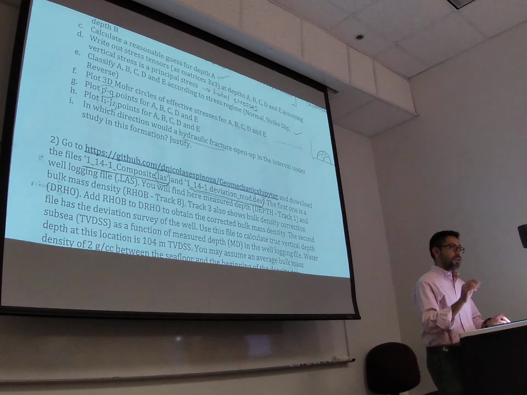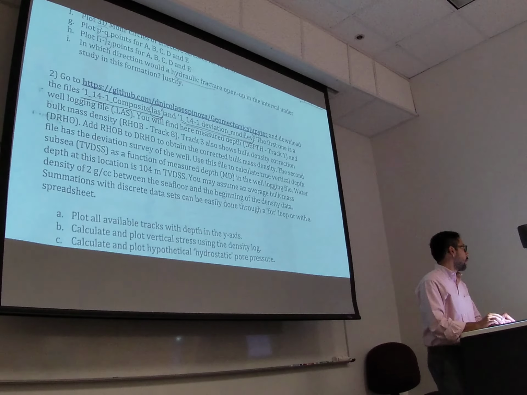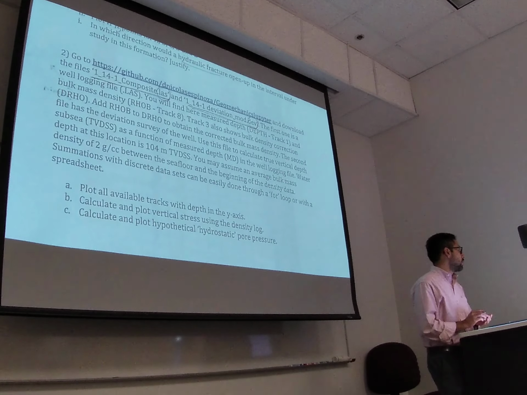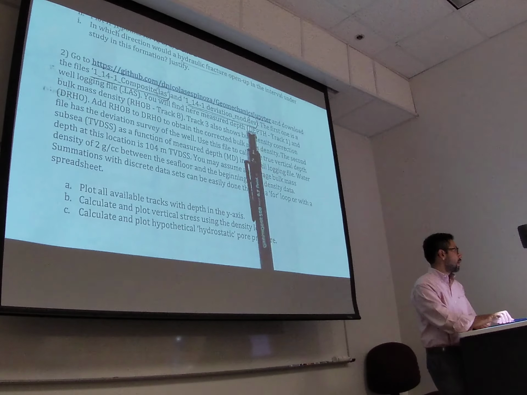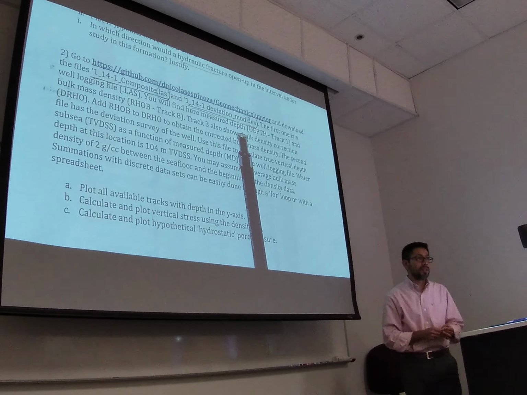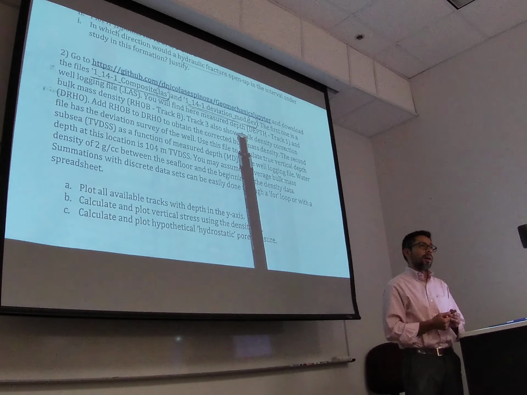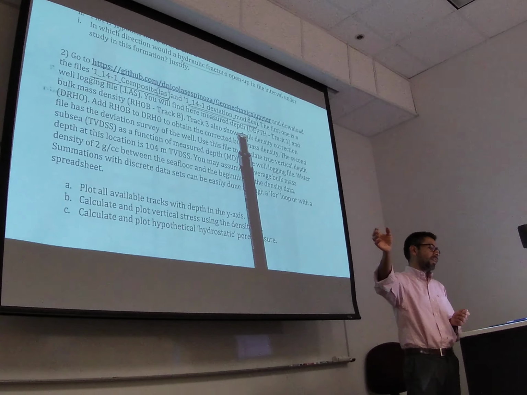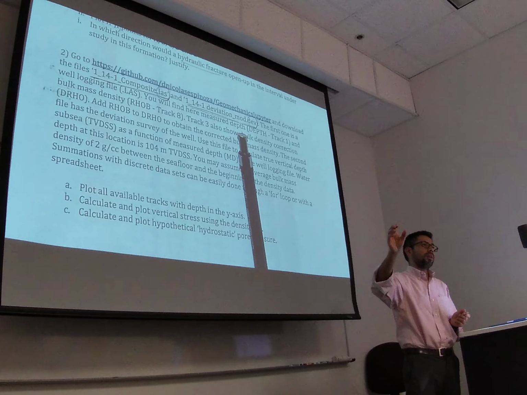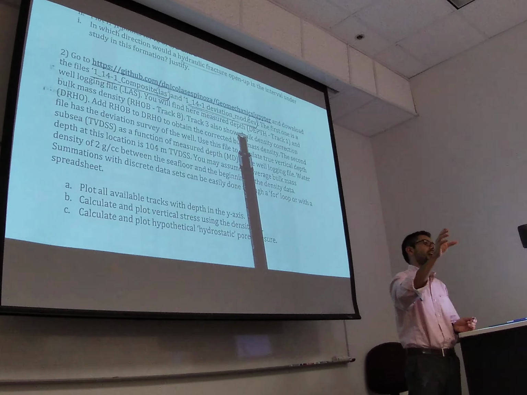All right, so you should be able to do number 1, and number 2, you should be able to do it as well. Remember that I gave you an example. In my notes there is an example of how to do that. Probably the only thing which is a little bit tricky here is to combine the deviation survey file with the logging file.